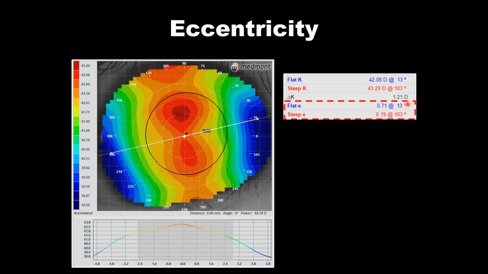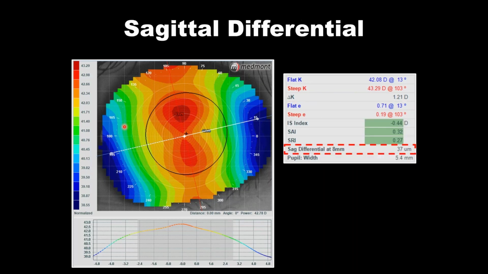We compare the eccentricity of the flat, 0.71 versus 0.19. When you see a big differential between the two e-values, that's telling you there's a big height differential in the periphery. So that might be an indication we need a toric lens. Let's look at the sag differential.